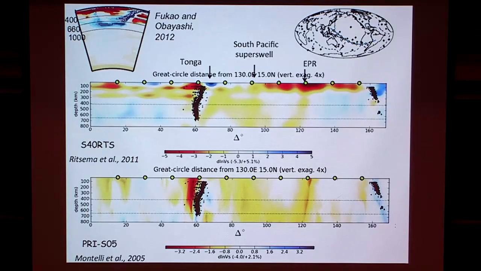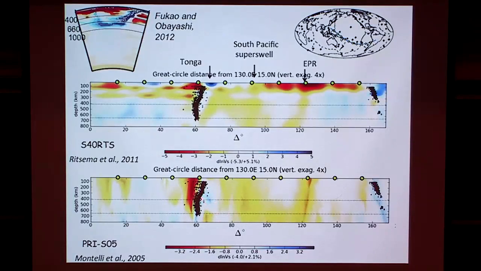Yes? Just to the west of Tonga, there's a rather dramatic red streak in the lower figure. Yes, that's also an artifact. And you can see this streak here.